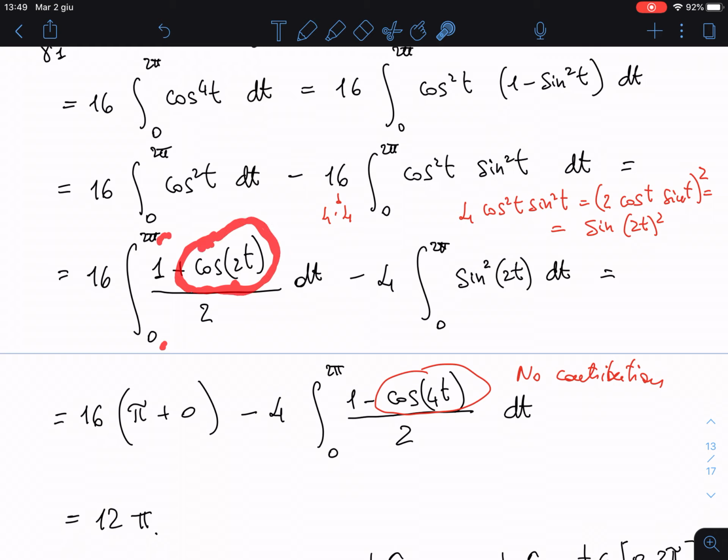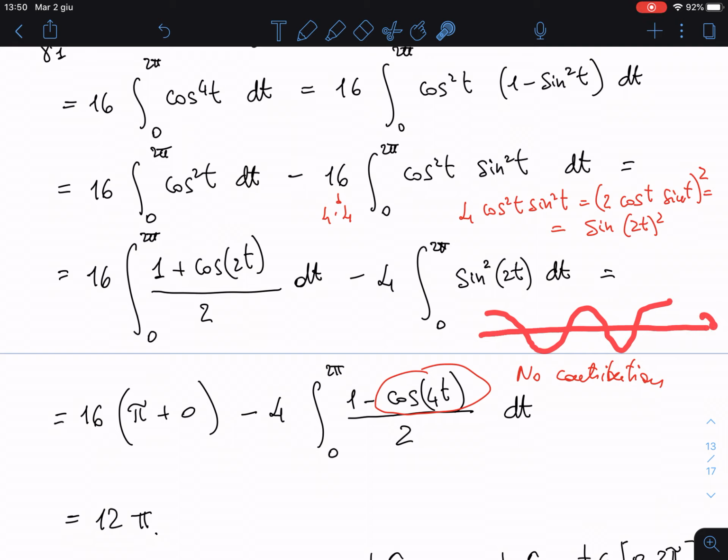But the integral of the cosine, like the sine, over 1 period is 0. So it is like integrating this function over 2 periods. And sorry, this is the cosine, not the sine, so let me redo it. Okay, these are 2 periods, and this is the x-axis, and the area here and here cover 2 bumps, and equals the area here.